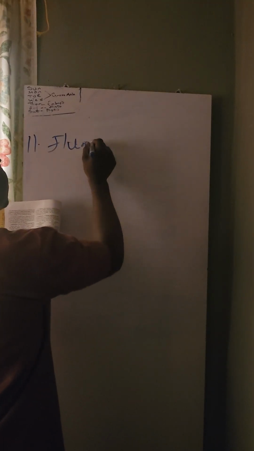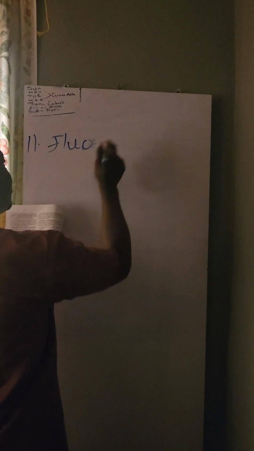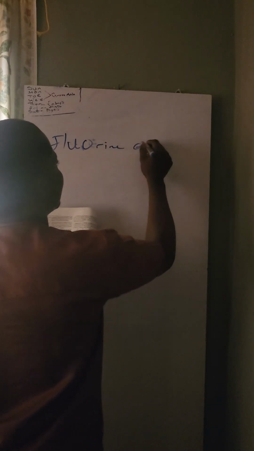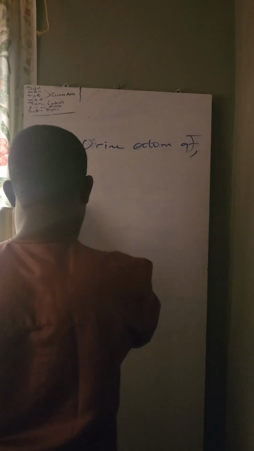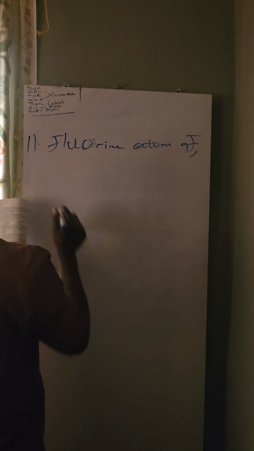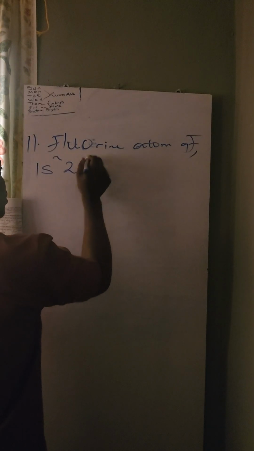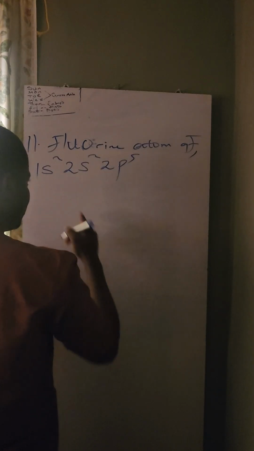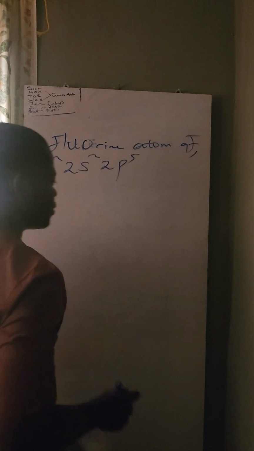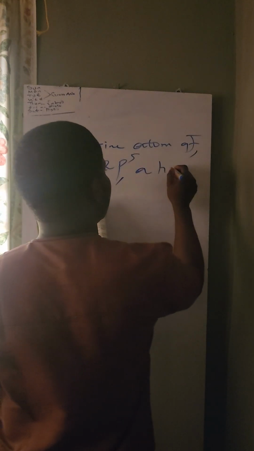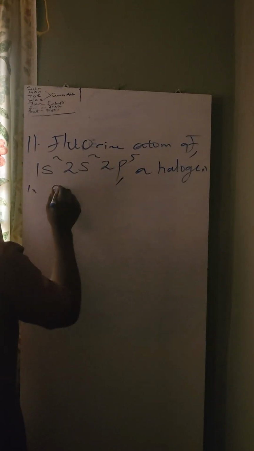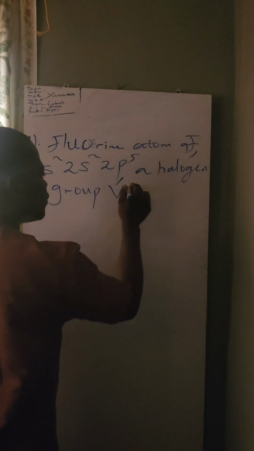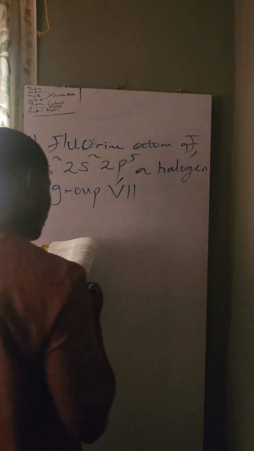Fluorine is number 9. Fluorine has an electronic configuration of what? 1s2, 2s2, 2p5. It is a halogen. That's the family name for all elements in group 7.